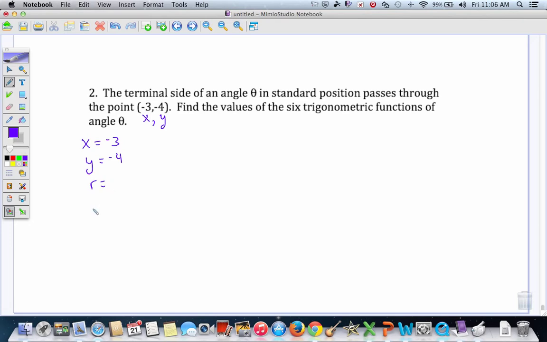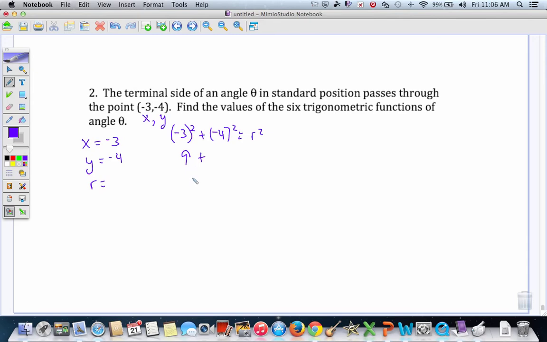And I can use my Pythagorean theorem to find my missing side, or maybe I know my triangles. But just to make a point here, -3 squared plus -4 squared equals r squared. Be careful when you type this into your calculator, because we all should know that -3 squared, or -3 times -3, is a +9.